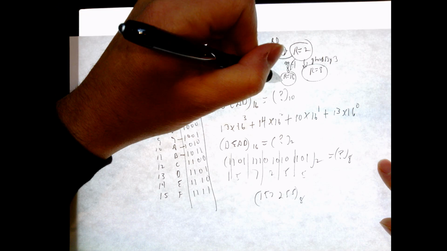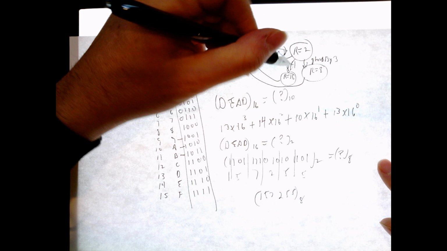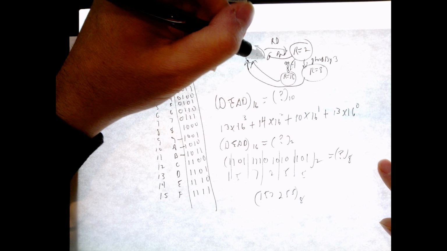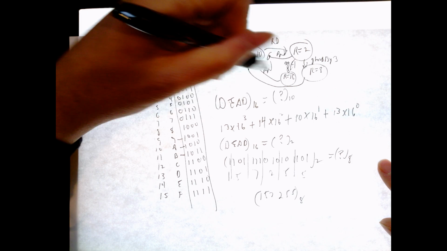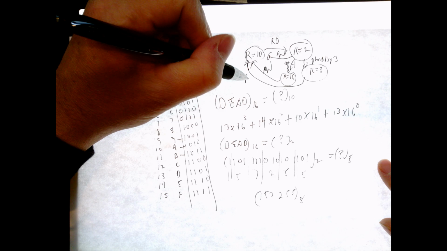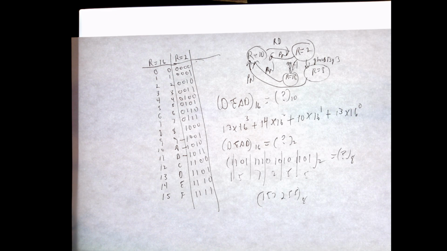To go from base 16 to base 10, we use positional notation. To go from base 8 to base 10, we use positional notation. And that allows us to convert from any base into any base using either repeated division or positional notation.